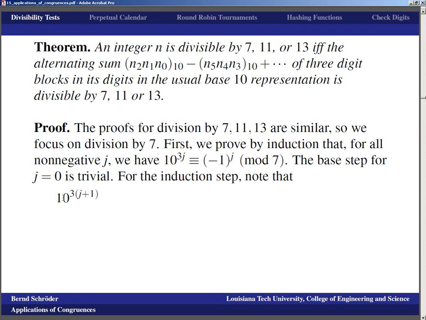For the induction step, we note that 10 to the 3 times j plus 1 is 1000 times 10 to the 3j. Modulo 7, 10 to the 3j by induction hypothesis is negative 1 to the j. And we're also claiming that 1000 is equivalent to negative 1 modulo 7. That would mean that 1001 is divisible by 7.